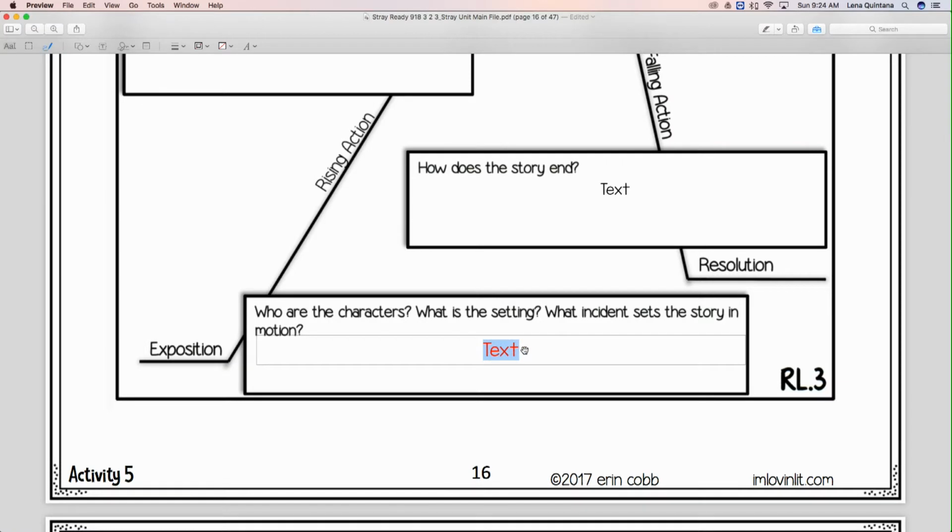All right, so the characters. We know we have Doris. We have Doris and her parents, and their names, we'll start with Mr. Lacey, I guess.